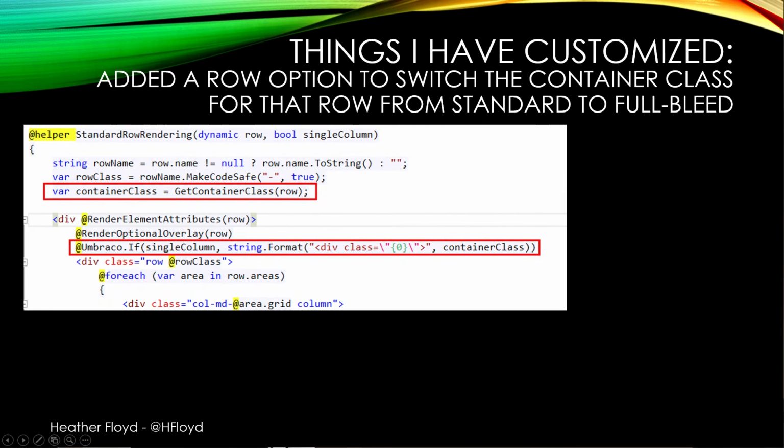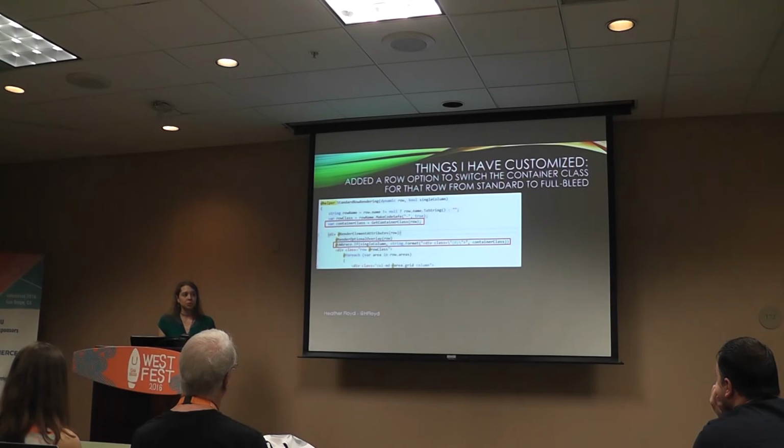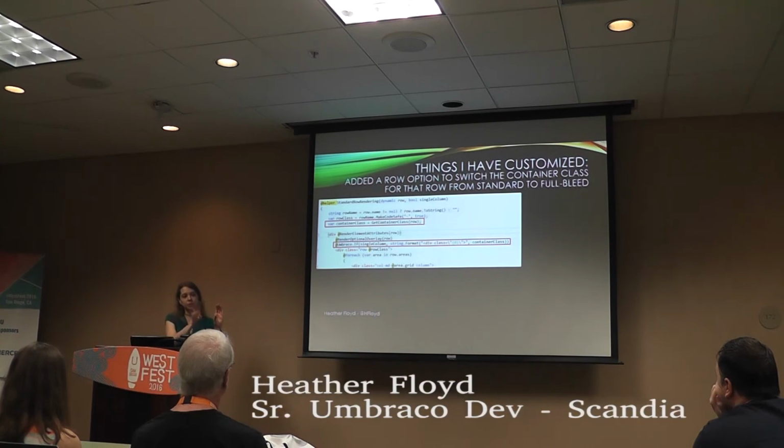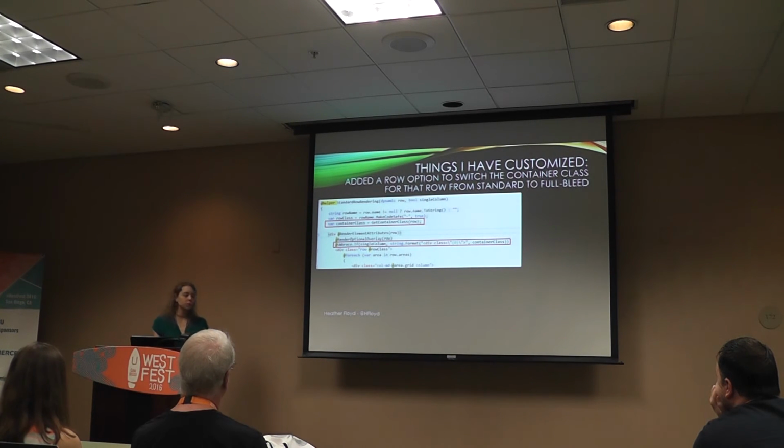happy. We also have a lot of row options, which is the way that you can handle the portion that happens behind the entire row as opposed to what's in individual columns. And so this one, we needed some of our rows to be able to be a full bleed background image versus a non-full bleed.